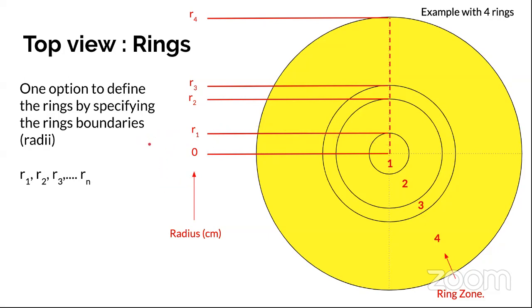To define the dimensions of these rings, you only have one option with dosrz, which is that you need to define the boundaries. So in this case, we need to enter what is R1, R2, R3, and R4. In our assignment, we are interested in calculating a central axis depth dose. So we would select R1 to be something small, for example, half a cm, the radius. So the overall diameter of this central axis is 1 cm.